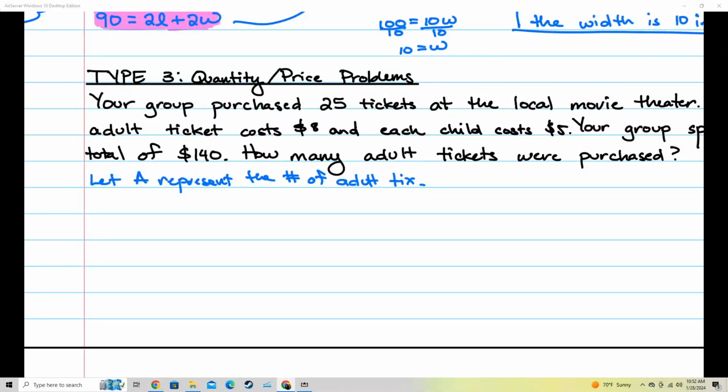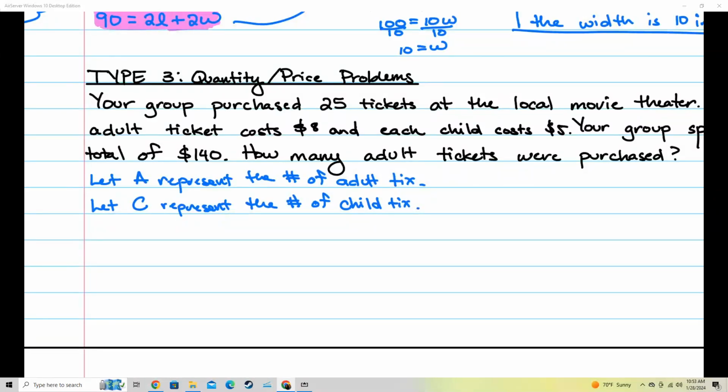Well, they're starting to talk about child tickets, and I know that the child tickets cost $5, but I don't know how many child tickets were bought. So I'm going to say let C represent the number of child tickets that were bought.